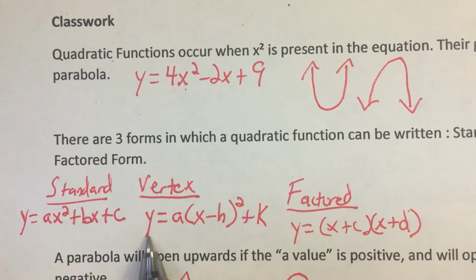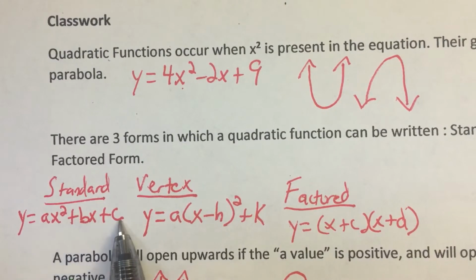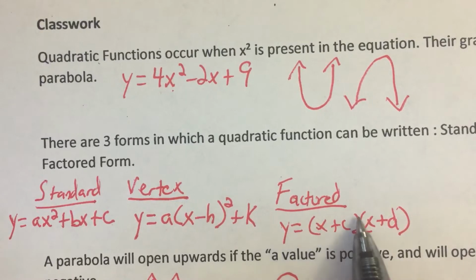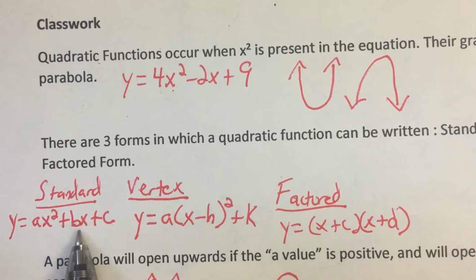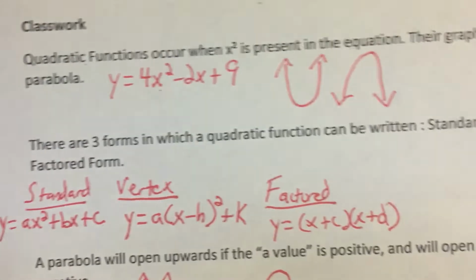Vertex form, however, is written with a parentheses and a power of 2 on it. A, H, and K can be any numbers in the world, just like A, B, and C in standard form can be any numbers in the world. Factored form is actually two sets of parentheses after one of these has been factored. X and X, we're just going to call these any numbers. C and D, they could be anything.